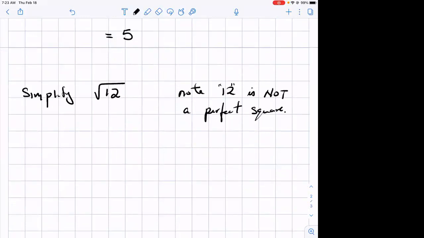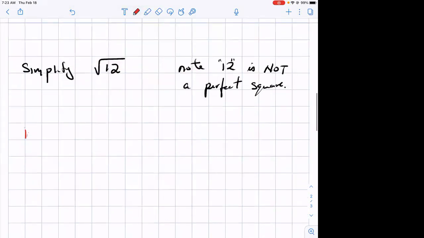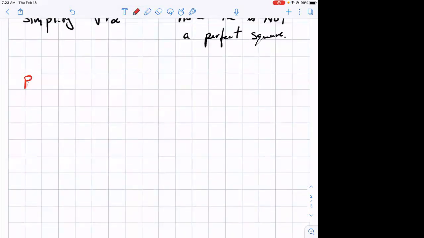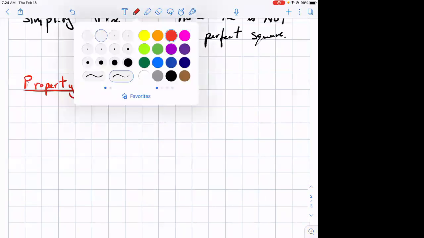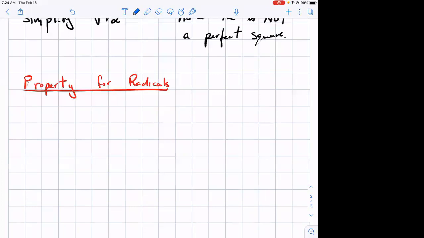Before we get into that, there are a few properties that I would like to go over. Let's call this the property for radicals, and it will help you to understand what we do.